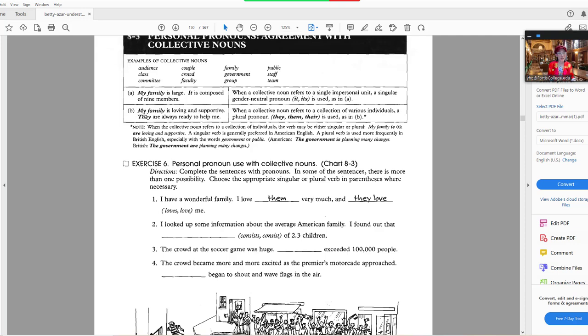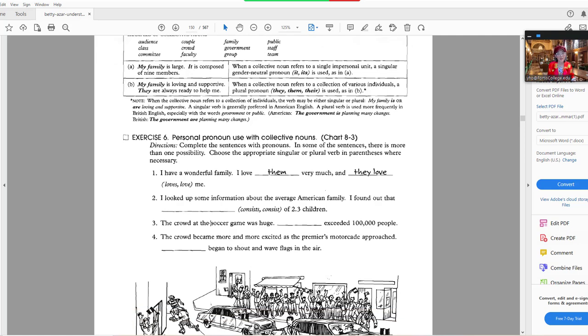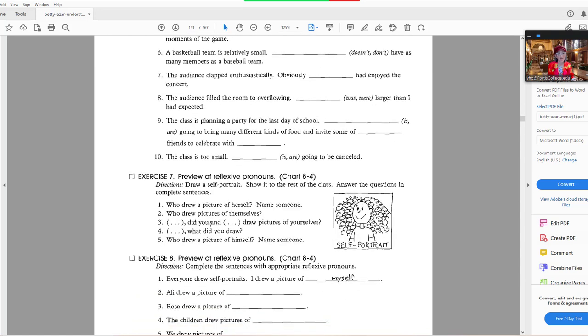If a collective noun refers to a collection of various individuals, then we use a plural pronoun: they, them, and their. My family is loving and supportive. They are always ready to help me. So if you're going to talk about different family members, we use they. If you're going to talk about the family as a whole, then you use it as your pronoun.